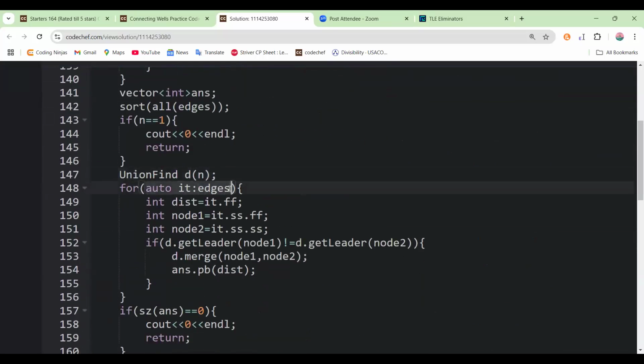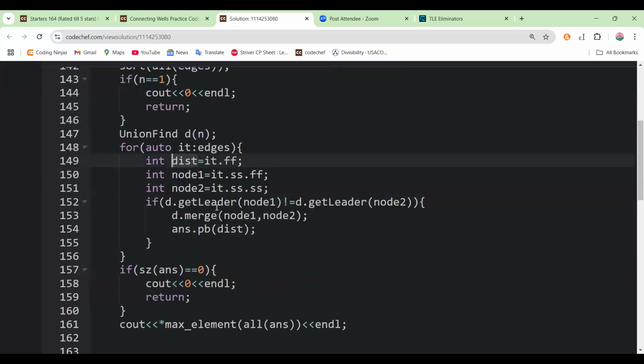Now I'm traversing over all the edges. The weight of the edge is stored in the first value of this pair it. The node 1 is nothing but the first value of the second value of the pair, so it.second.first, and the second node is it.second.second. So between node 1 and node 2, I have an edge that has a weight of this particular variable distance.